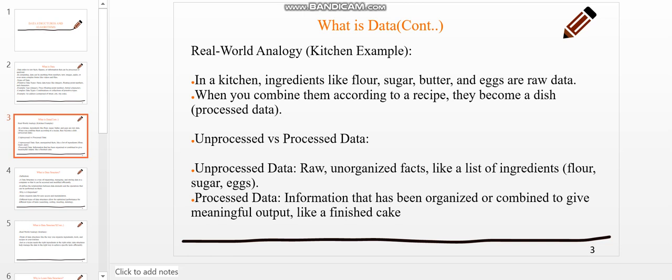Now here you can see, as I discussed in the previous slide, what is data? It can be numbers, text, images or videos and other files. Similarly, as there are different types of data, in the kitchen also you can find different ingredients, and that is nothing but data. I hope now you can relate exactly what data is.